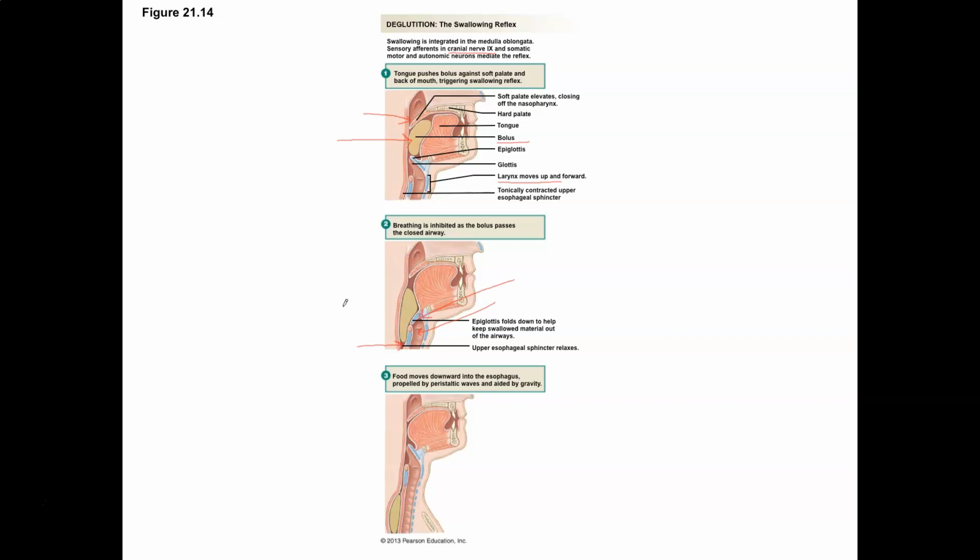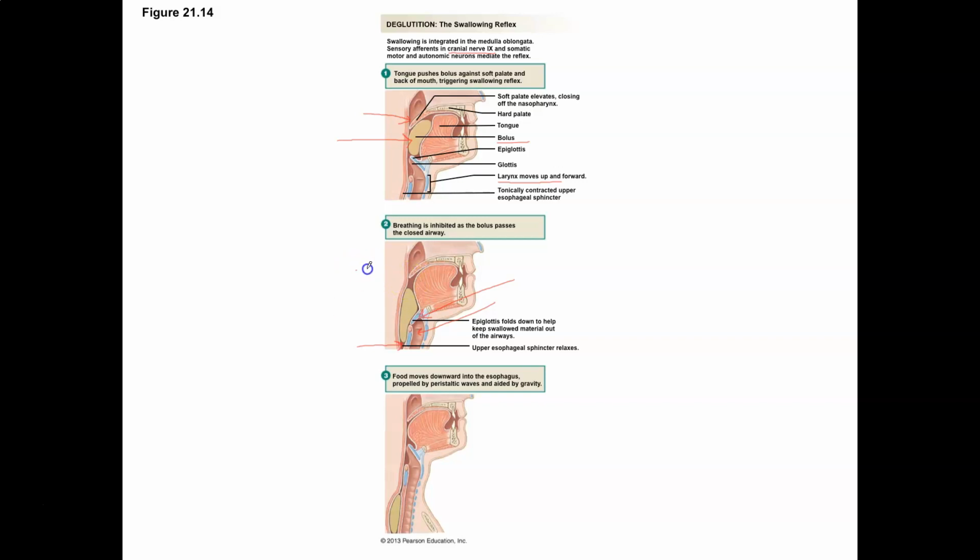Once you initiate the process of swallowing, then you get these involuntary contractions in the deglutition pathway. So the trachea, right, the larynx and the trachea become protected as the epiglottis covers over those openings, and so your bolus can go down the esophagus.